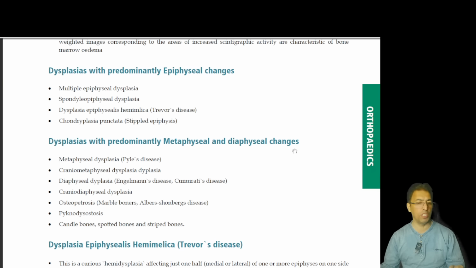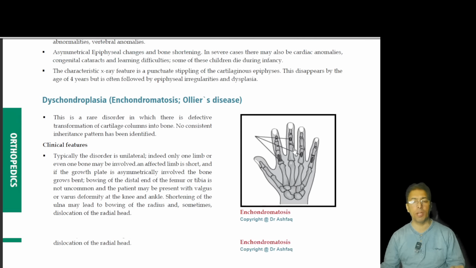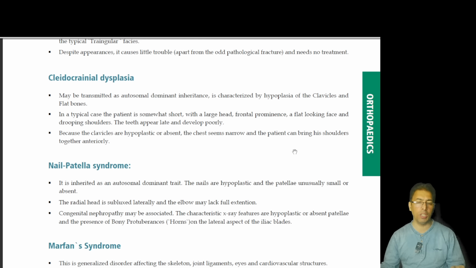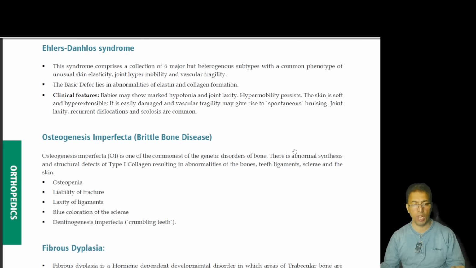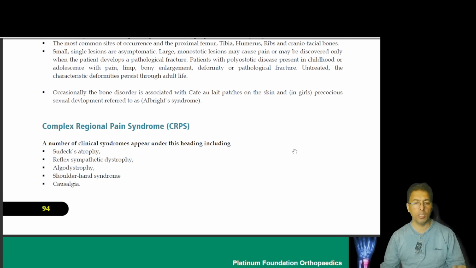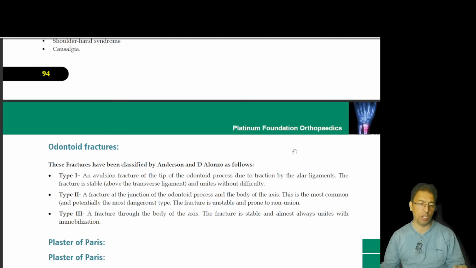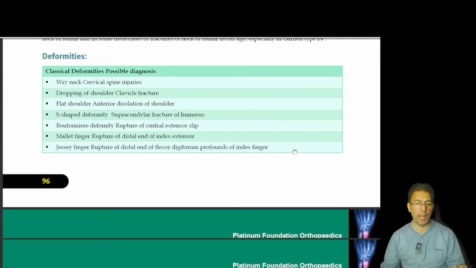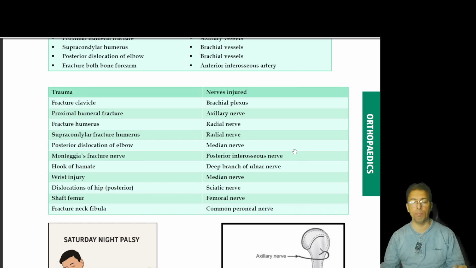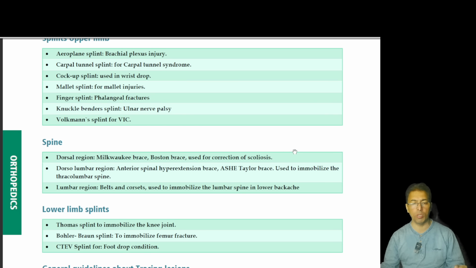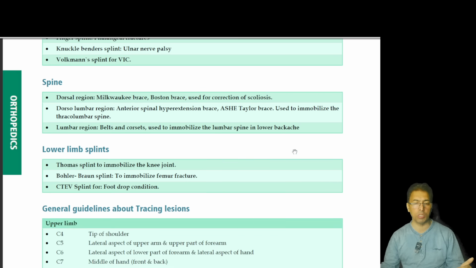Special topics, which are rarities but are quite on the examiner's mind: Ollier's disease, pycnodysostosis, cleidocranial dysostosis, nail patella syndrome, Marfan's, Ehlers-Danlos, osteogenesis imperfecta, fibrous dysplasia, complex regional pain syndromes, and basic things: cerclage wiring, tension band wiring, implants, the deformities, what are the important sites of injury, what are the various nerve injuries, what injury to bone causes what important deformity, what are the various types of splints, the dermatomes, the eponym names of the diseases.